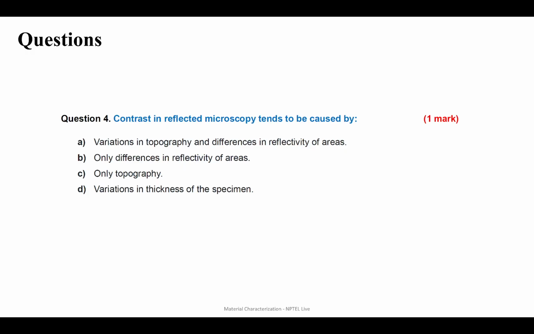Contrast in reflected microscopy tends to be caused by variations in topography and differences in reflectivity of areas, only differences in reflectivity of areas, only topography, or variances in thickness of the specimen.